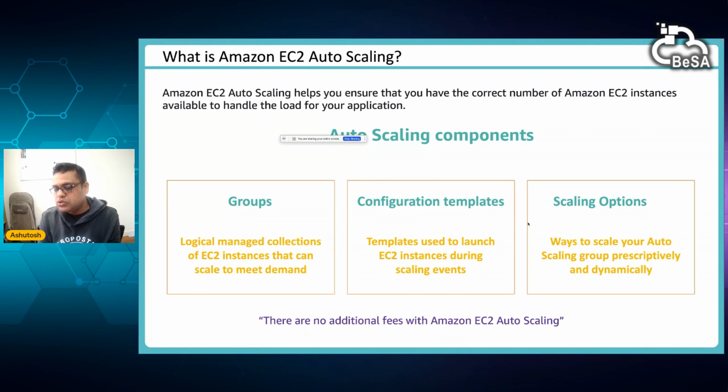If you want to use SSH, it needs key pairs. It needs to launch in a VPC, and you need subnets, which subnet you are going to launch this into. All this configuration we package in a configuration template. We call it the launch template. Launch template and configuration template are more or less the same thing, but the new term is the launch template.